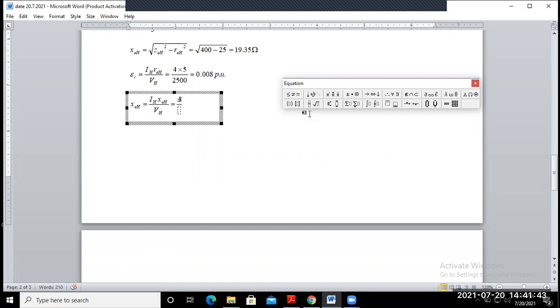Sorry, 19.35 into 19.35 divided by 2500 equal to how much when you solve this equation? 0.031 in per unit. Okay.